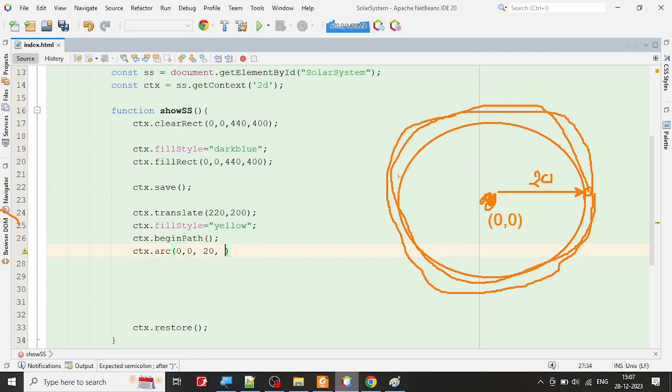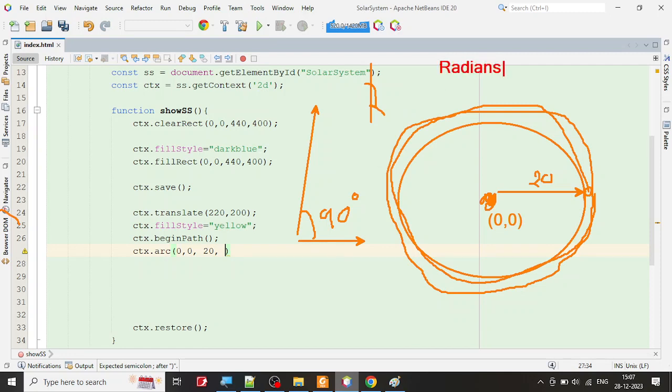Remember, in general, whenever we talk about something, we say this is 90 degrees. We just say this is 90 degrees. But your maths people are not happy with the degrees. They go with something called radians.